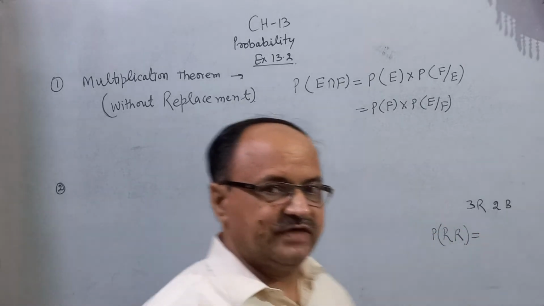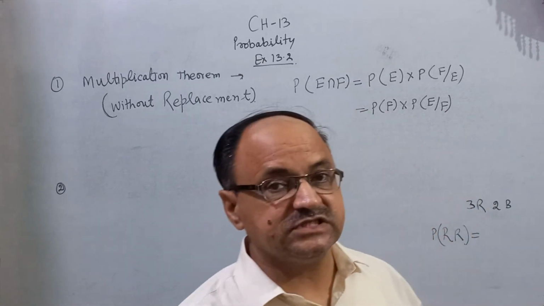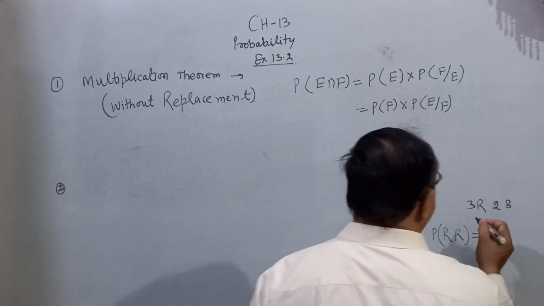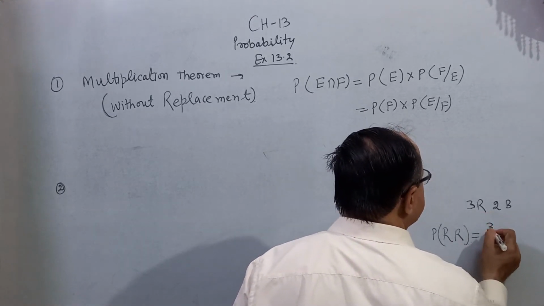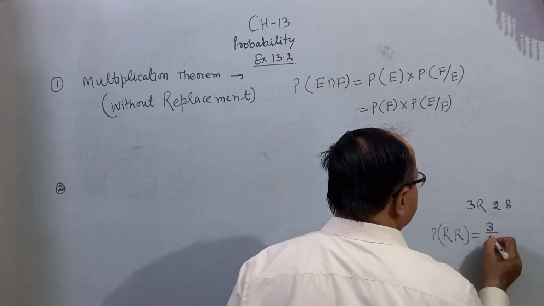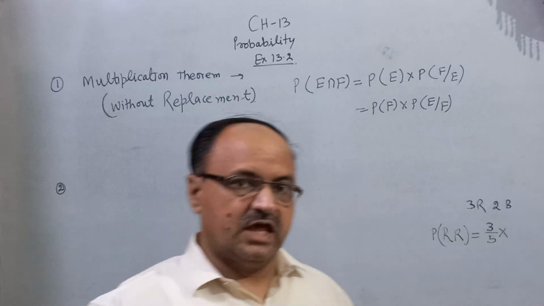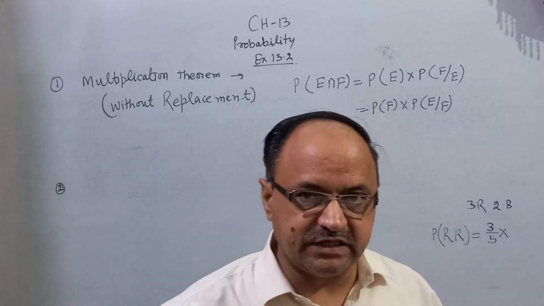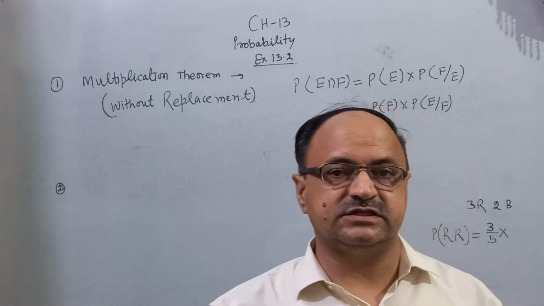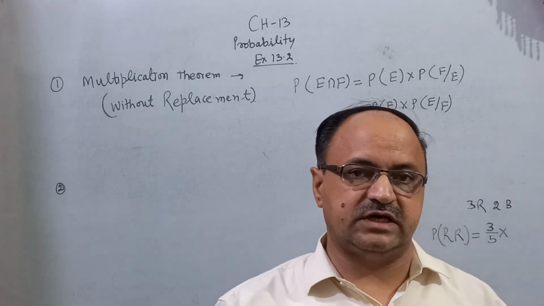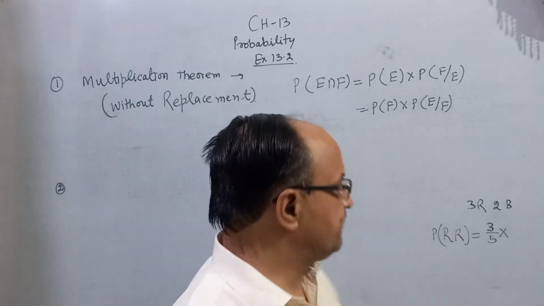Can you tell me, when you draw the first ball red from this bag, what is the probability? First red ball, that is 3 by 5. And after drawing the first red ball, don't replace that ball in the bag, because it is the case of without replacement.